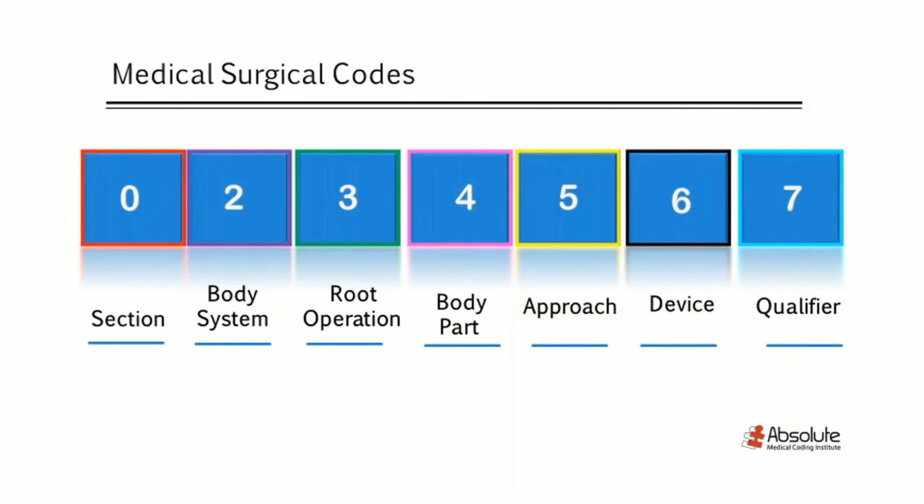All right, so we've talked about that second character, that body system or body area. Let's talk about the third character, that's your root operation. Now, coders, if I didn't tell you anything, the root operation is 50% of learning how to PCS code.